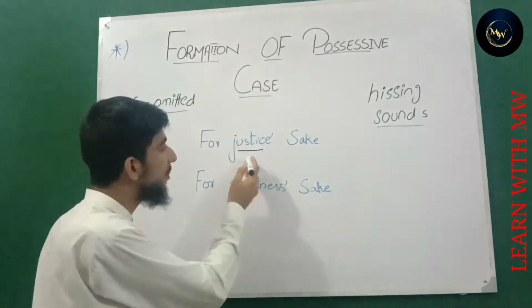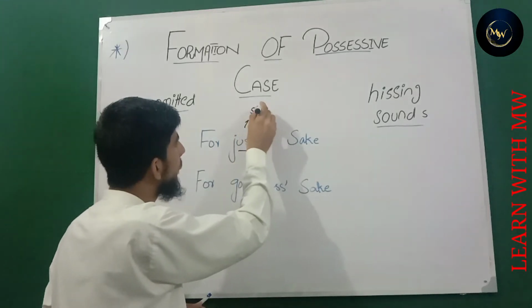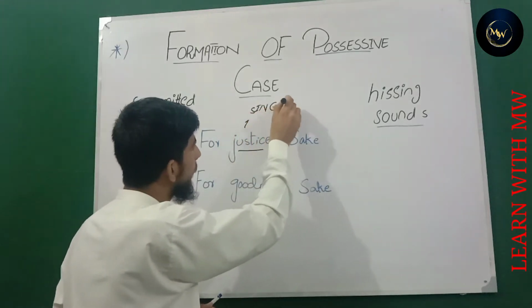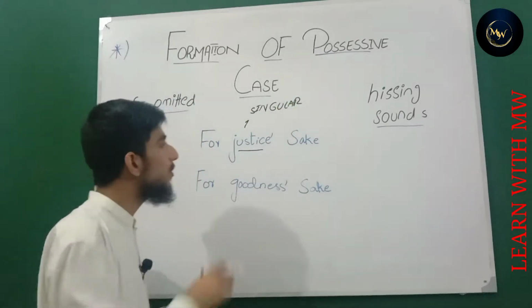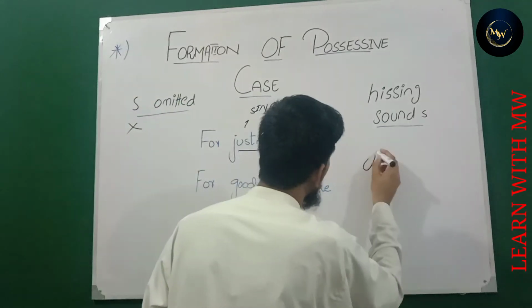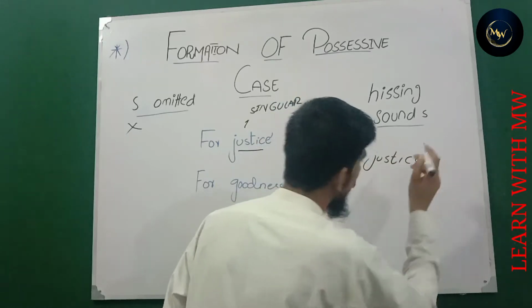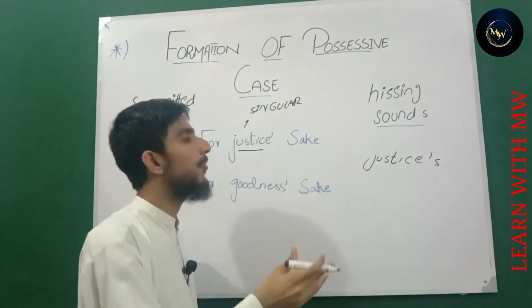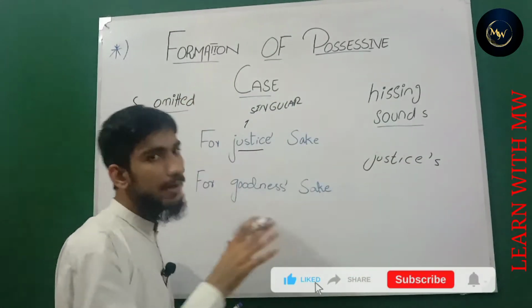Justice is singular, but the letter s is omitted because when we write it like this, justice's, too many hissing sounds are produced. In order to remove the hissing sound, we just omit the letter s.